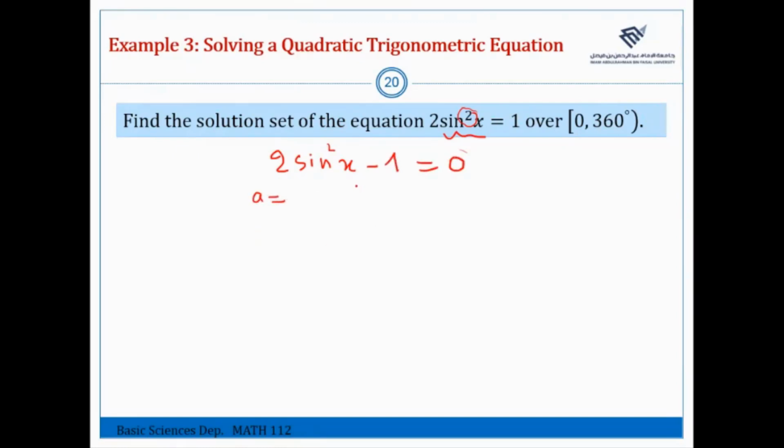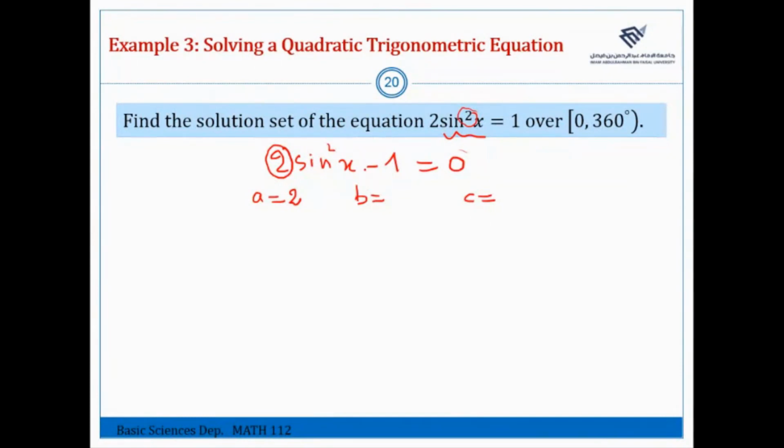We need to see what A, B and C are. So what's the value of A? This is A. Okay, 2. What will B be? There is no B.